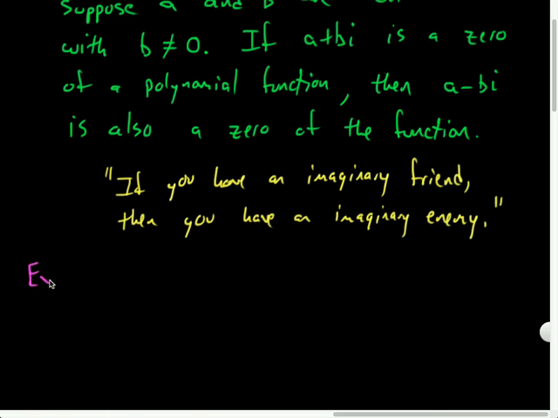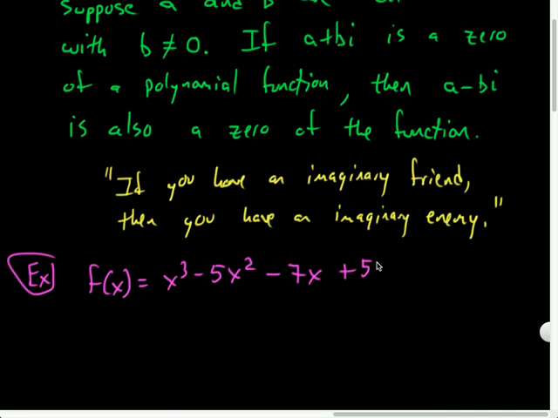Here's our example. Suppose I have the polynomial f of x equals x cubed minus 5x squared minus 7x plus 51. All right.